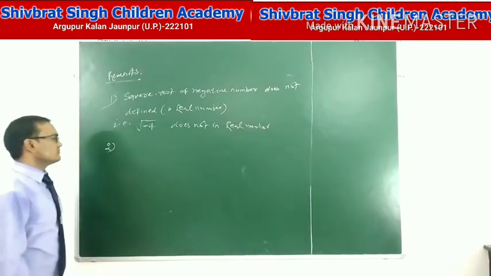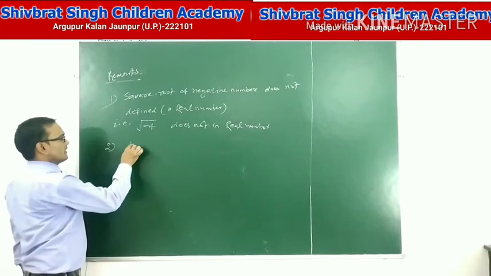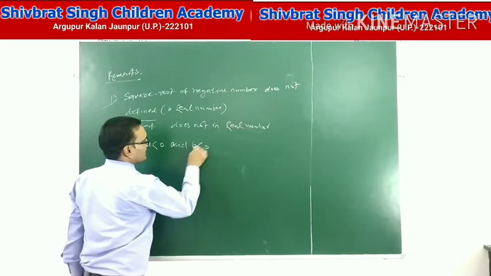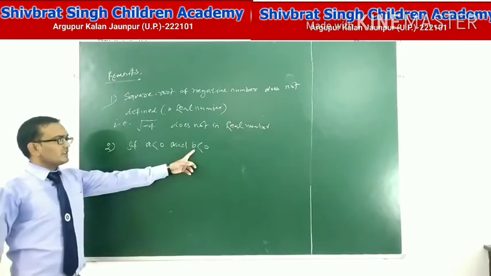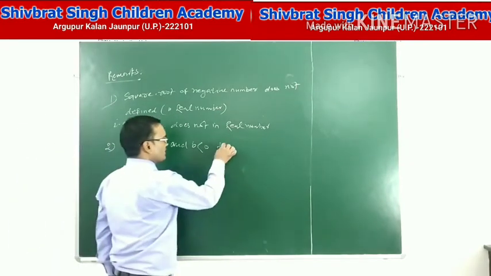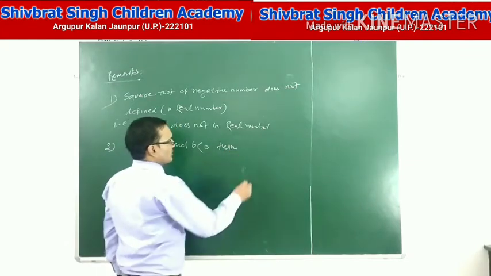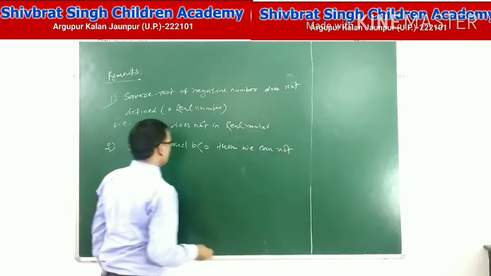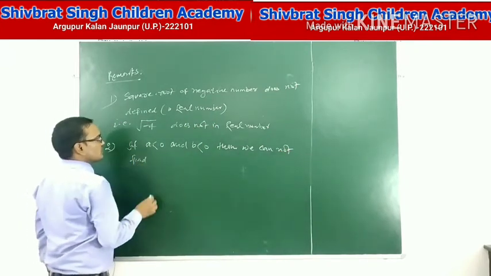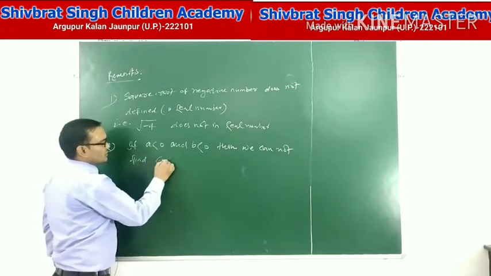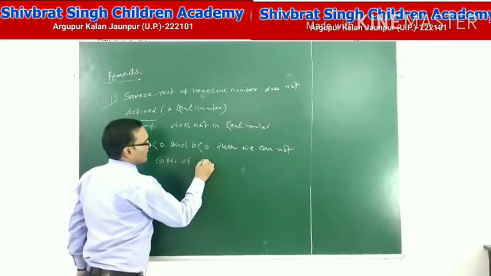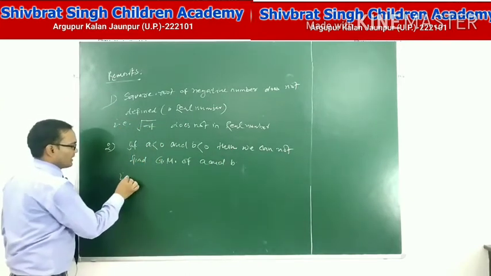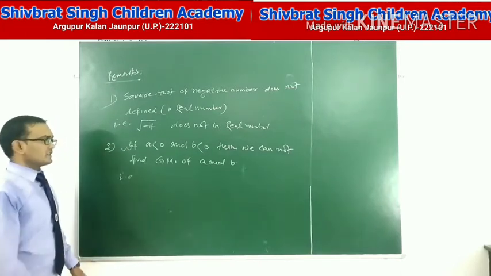Second, if a is less than 0 and b is less than 0, that means a and b both are negative, then we cannot find the geometric mean of a and b. Why? We understand this concept by an example.